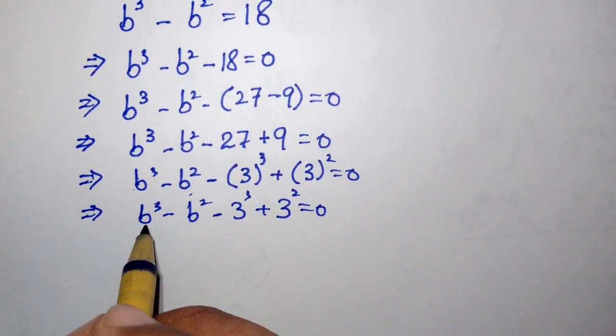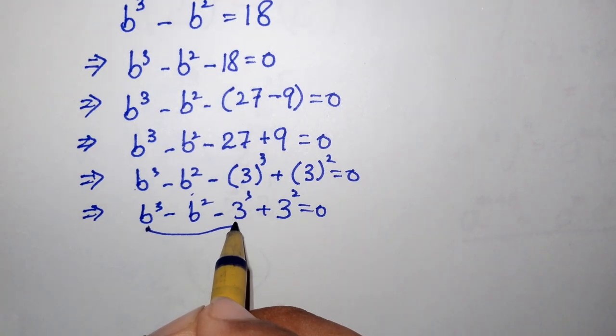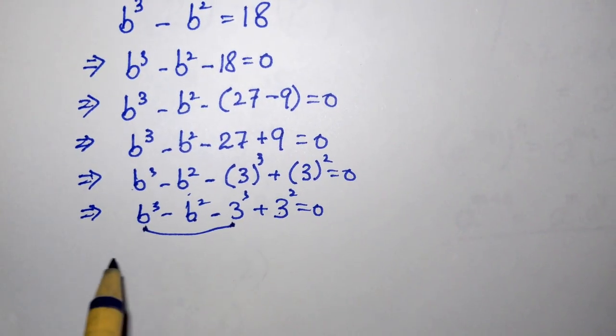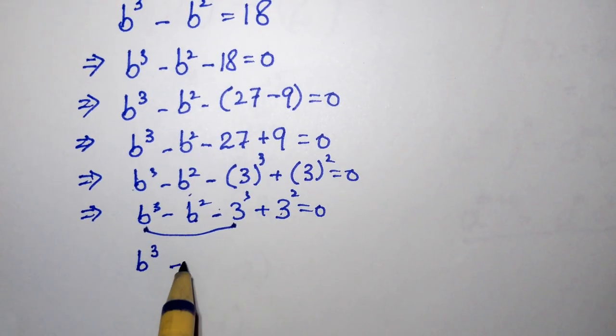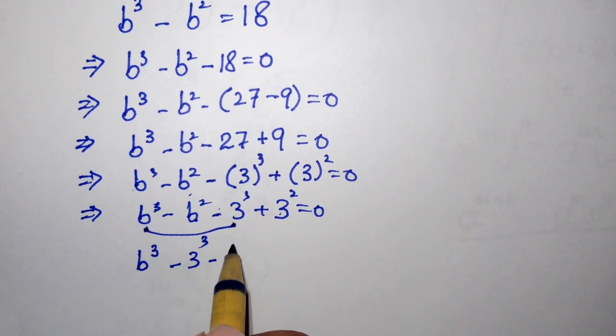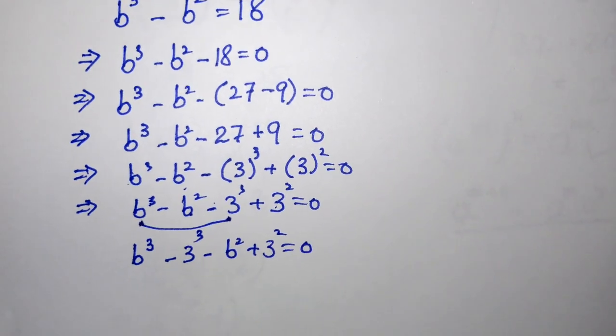Now we have to combine b to the power of 3 with the 3 to the power of 3 and b square with the 3 square. So this will become b to the power of 3 minus 3 to the power of 3 minus b square plus 3 square is equal to 0.